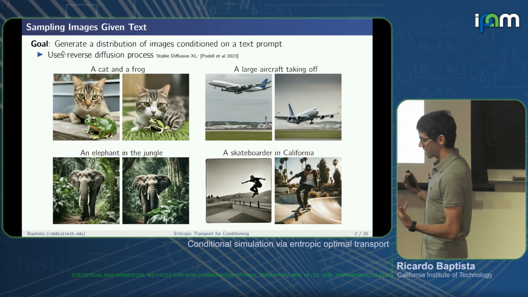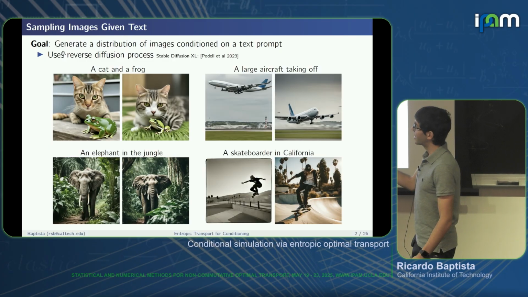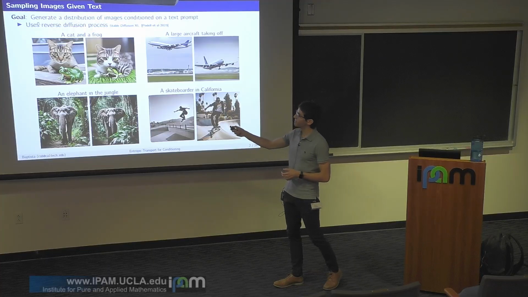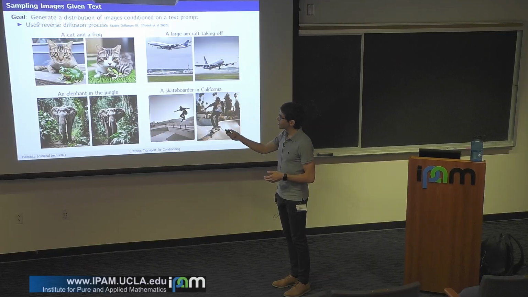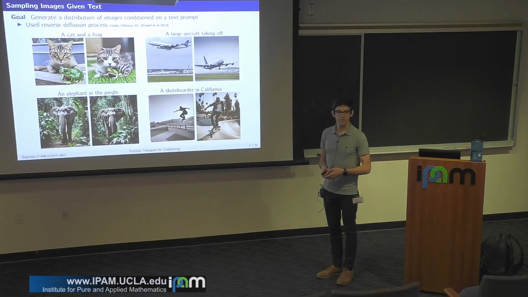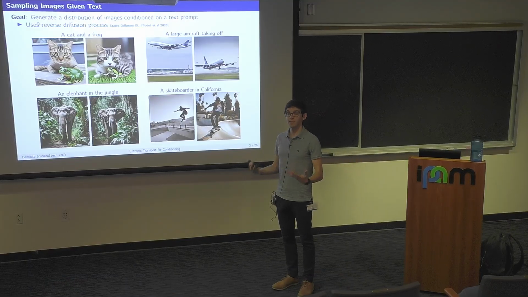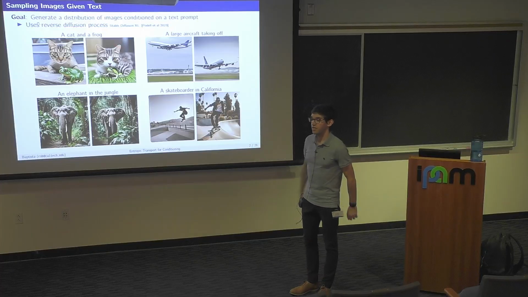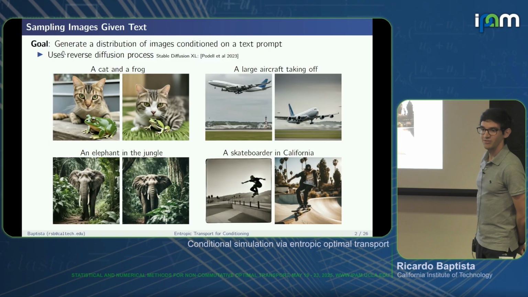So what a lot of recent models have successfully been able to do is to build a pipeline that can take a sentence like a cat and a frog or a large aircraft taking off and generate pictures that resemble that text prompt. And hopefully what we'd like these models to do is to generate many images that are representative of that text prompt, that can really sample the diversity of images consistent with the prompt, and maybe give us an image of what a typical skateboarder looks like outside.